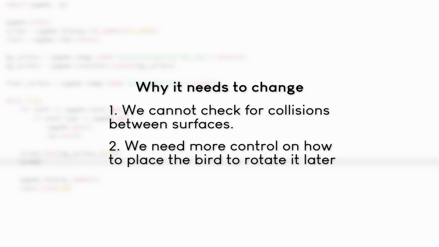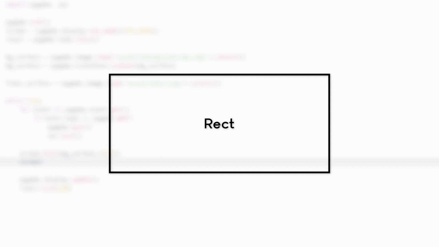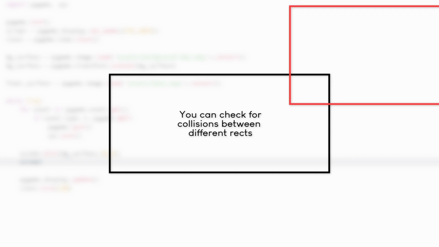And the tool to get both of them is called a rect, short for rectangle. And a rectangle is quite a simple but really powerful thing. And well, it literally is just the shape of a rectangle. But this shape of a rectangle can do quite a few different things. Number 1 is that you can use lots of different rectangles to check for collisions between the rectangles. And later on in our game, both the pipes and our bird are going to be surrounded by a rectangle that you can't see, but we are going to use them for our collisions.